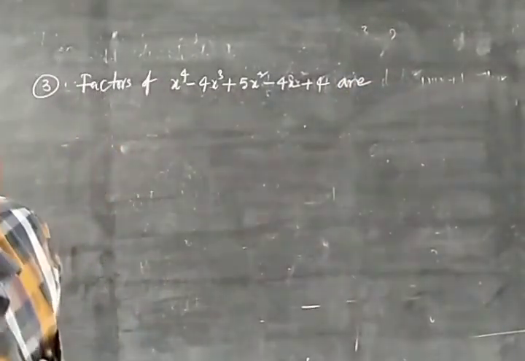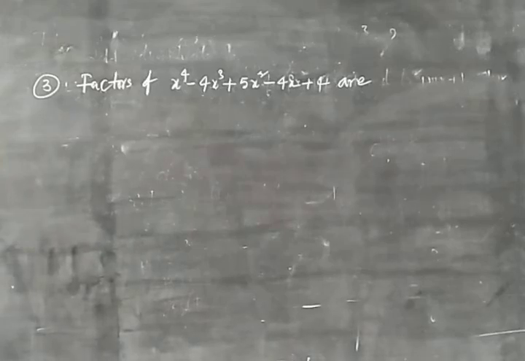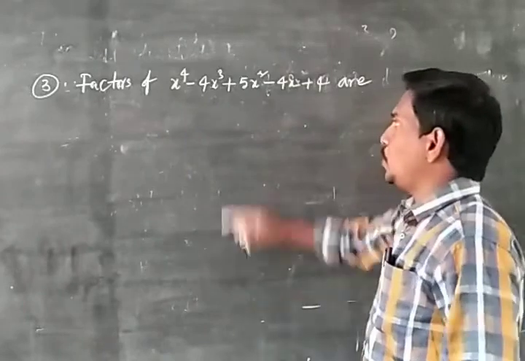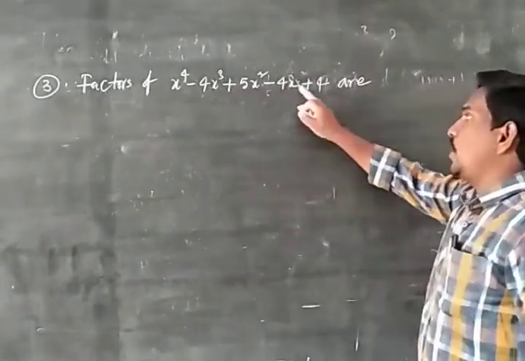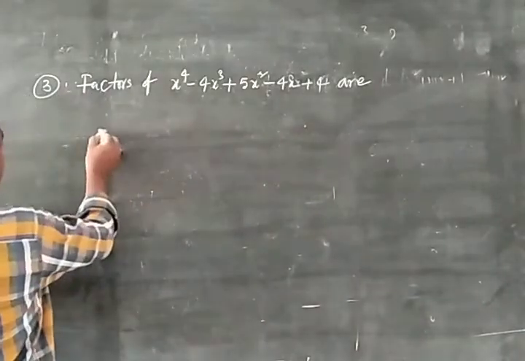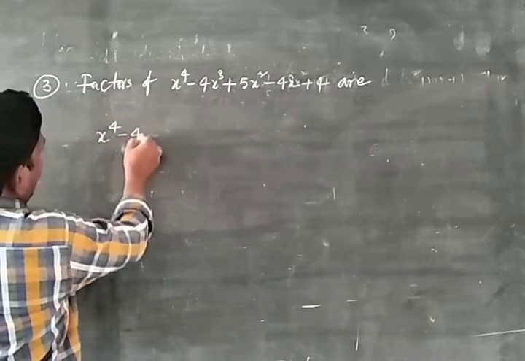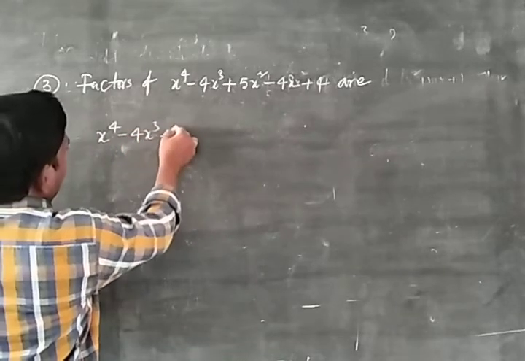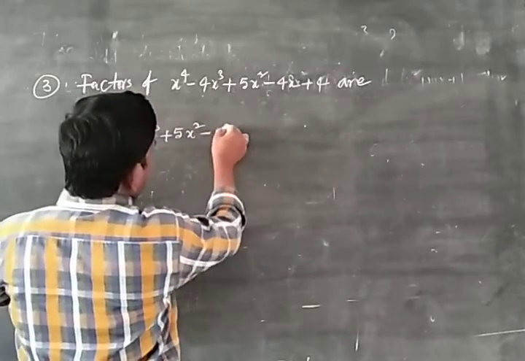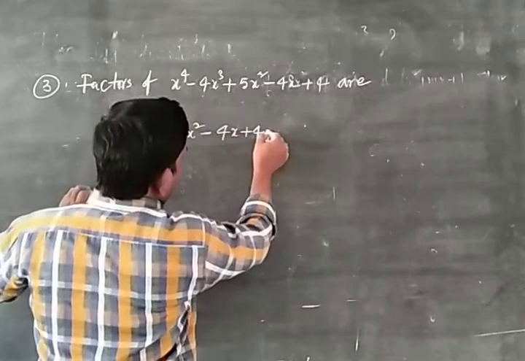So here we are asked for the factors of x power 4 minus 4x cube plus 5x square minus 4x plus 4.